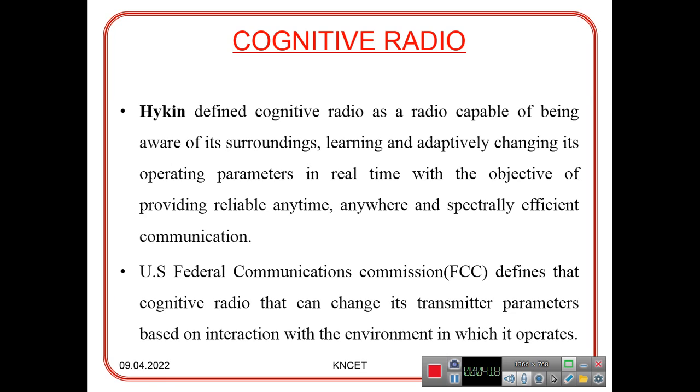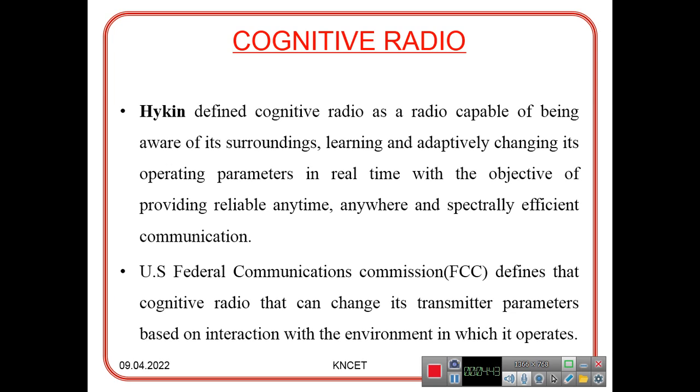Haykin defines cognitive radio as a radio capable of being aware of its surroundings, learning, and adaptively changing its operating parameters in real time with the objective of providing reliable, anytime, anywhere, and spectrally efficient communication.